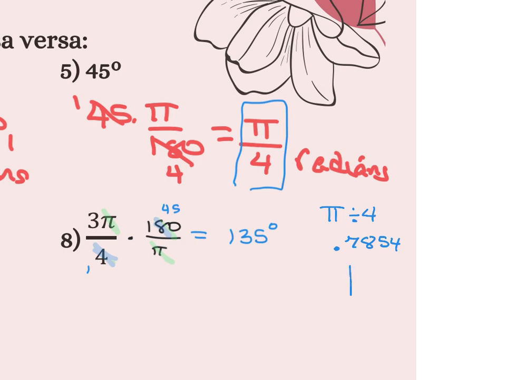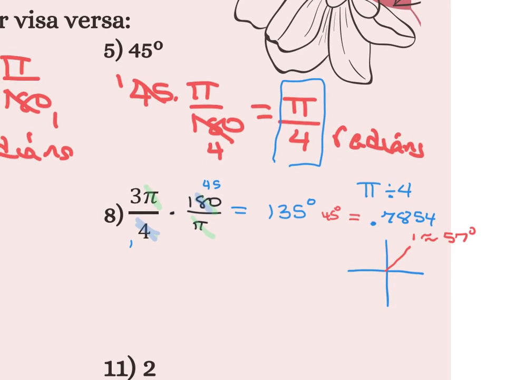Now, if you recall back from that very first slide, 1 radian is about here, and it's equivalent to about 57 degrees. This 0.7854 is approximately equal to 45 degrees. So this makes sense. If 1 radian is 57 degrees and 45 degrees is 0.78, it's a little bit less than 1, so it does make sense.